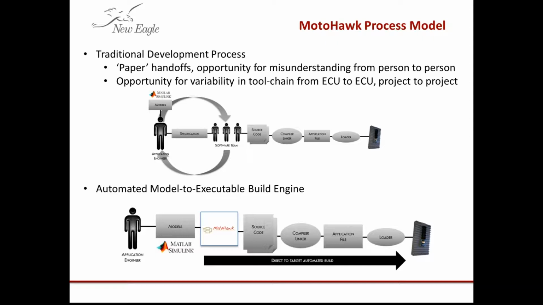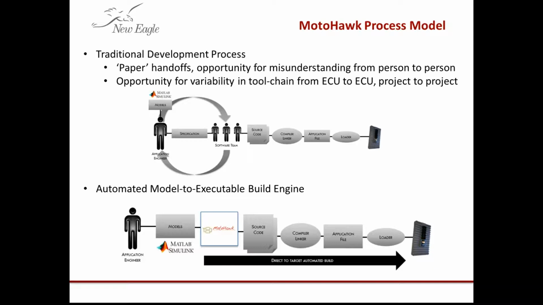It may not be paper, it may be electronic, but either way, it's a document used to communicate from one set of personnel with one skill set to a software team, which will then implement that control solution in source code. At larger OEM type places, they'll even do this component by component. So after they've developed that component source code, there's a lot of compiling and linking that has to be done to stitch those things all together into an application file that can then be loaded onto the hardware.